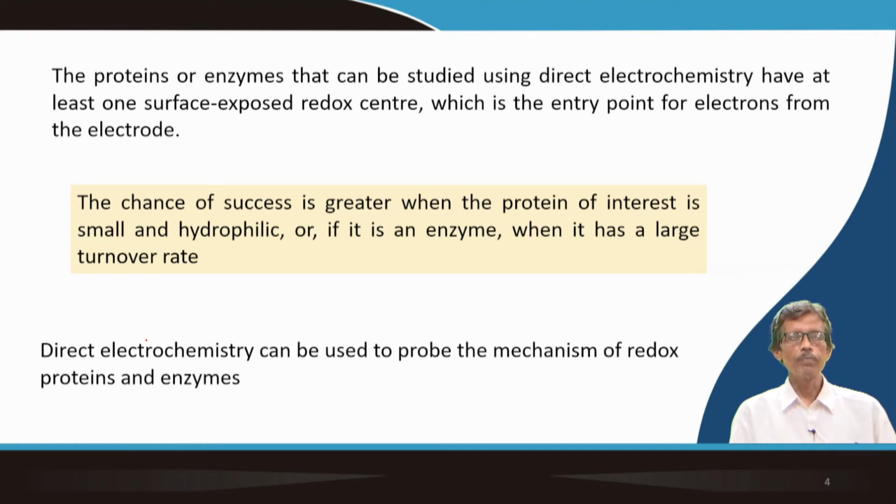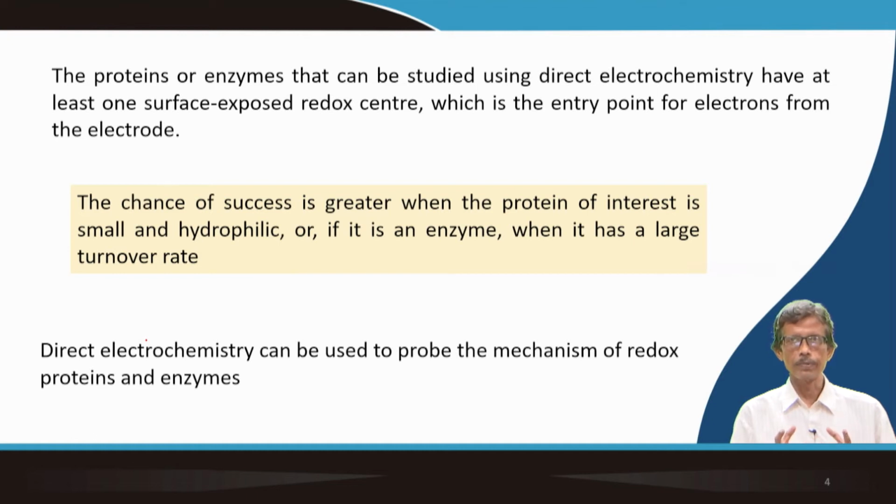So, we will have direct electrochemistry using biomolecules, which we call bioelectrochemistry also: electrochemistry applied to biological problems to understand the electron transfer reactions happening within the protein molecule or biomolecule. It can be used to probe the mechanism of redox proteins and enzymes.